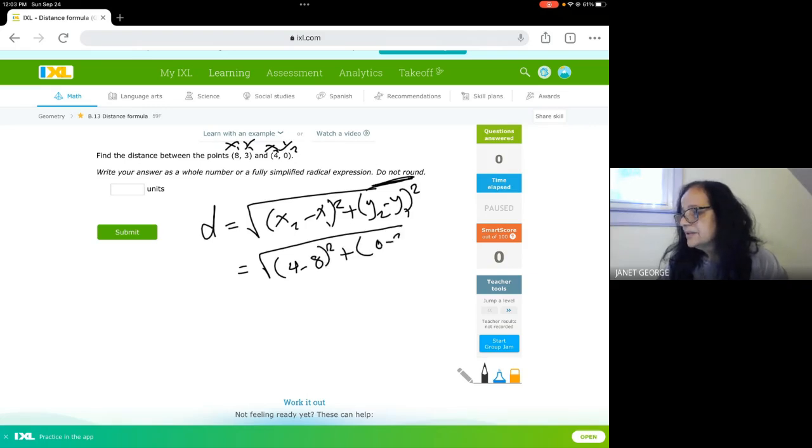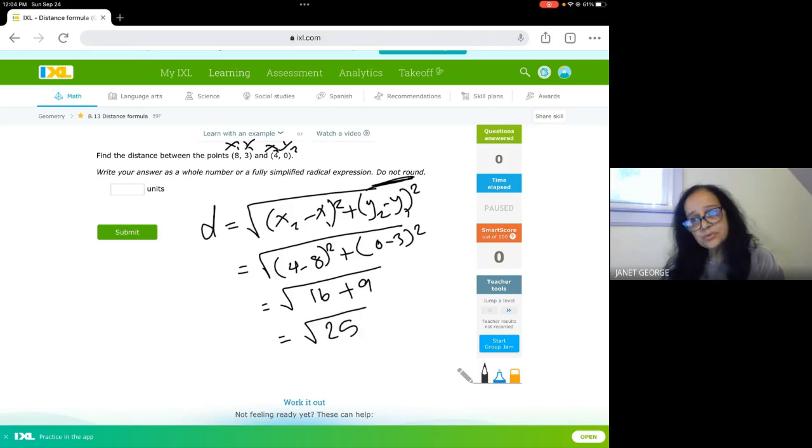(0 minus 3) squared equals, let's simplify, 4 minus 8 is negative 4. When you square it, 4 times 4 is 16, plus 0 minus 3 is negative 3. When you square it, you get 9. When you add it, you get 25. What's the square root of 25? It's a perfect square. It is 5.